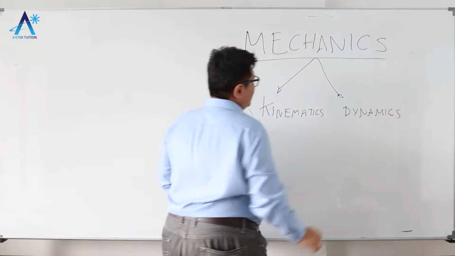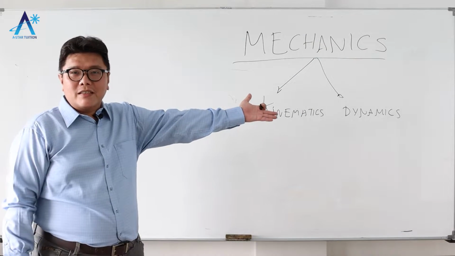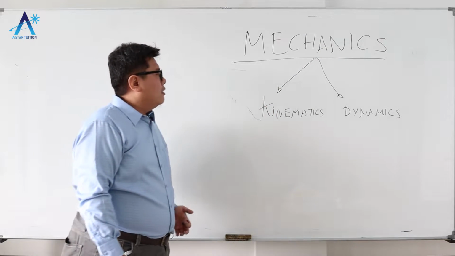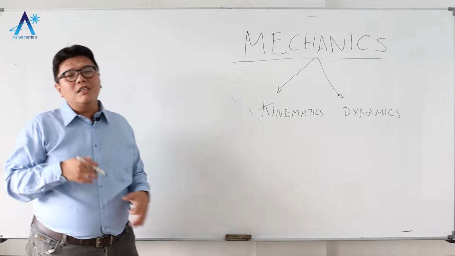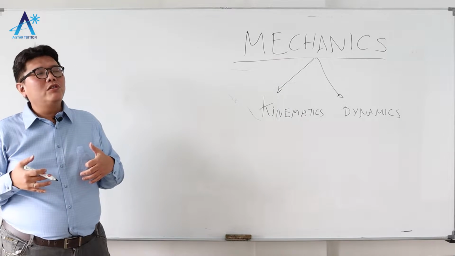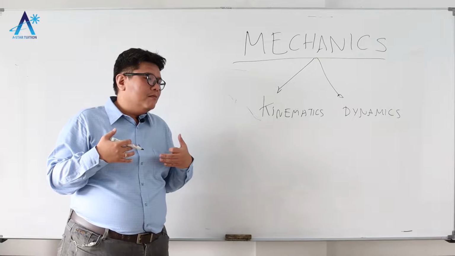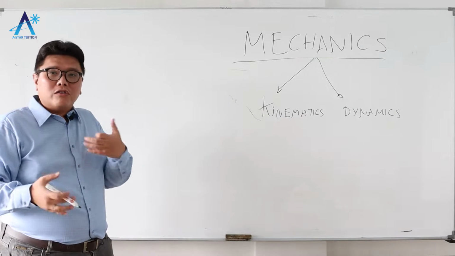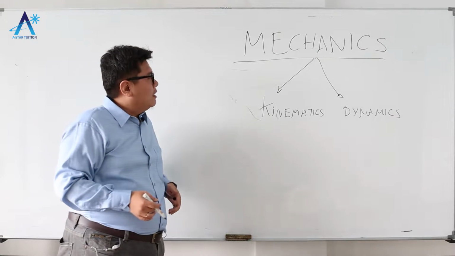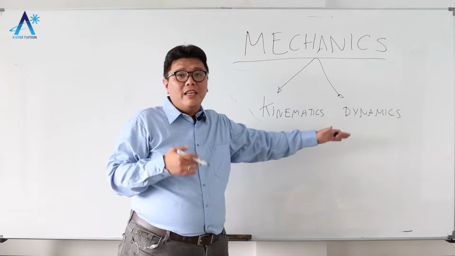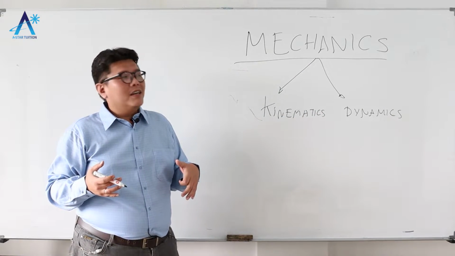What is the difference between kinematics and dynamics? When you learn about kinematics, you learn motion without explaining the cause of motion, like forces. Whereas dynamics deals with the forces.